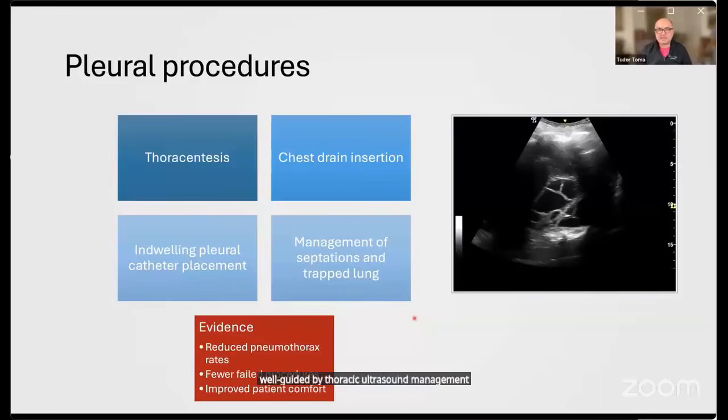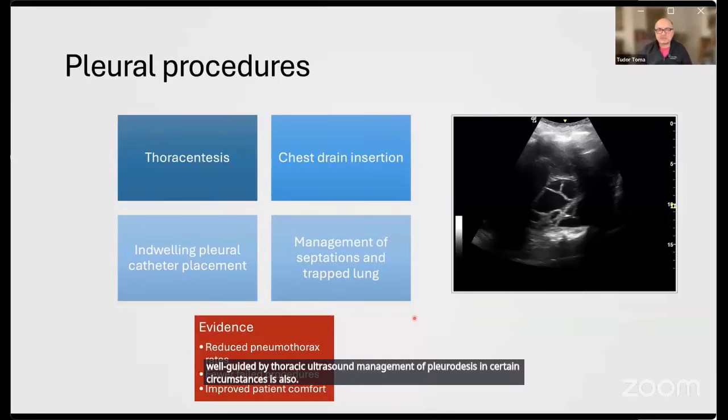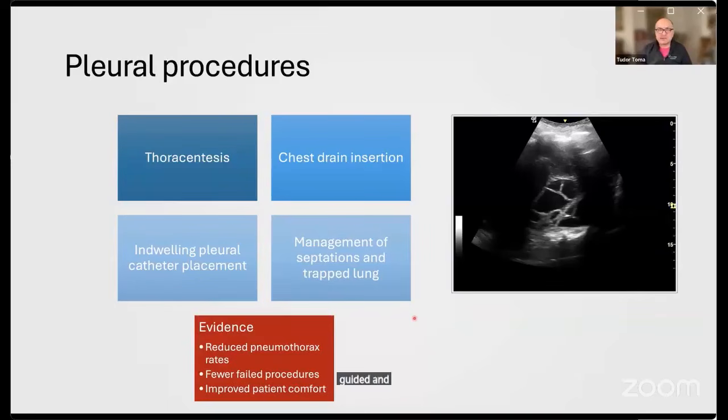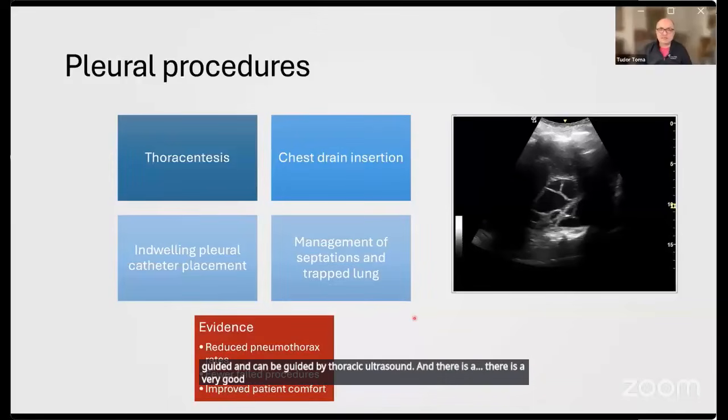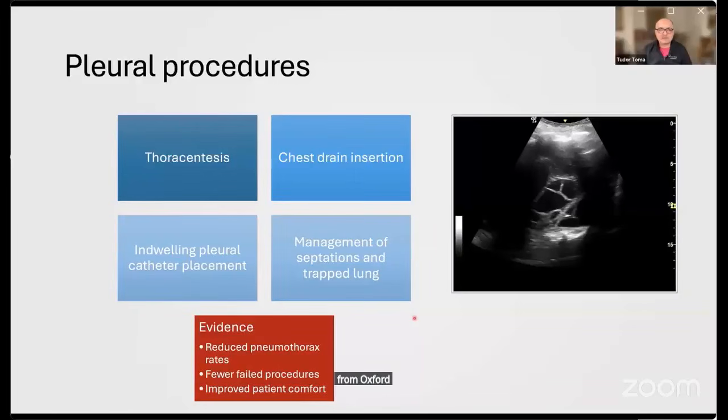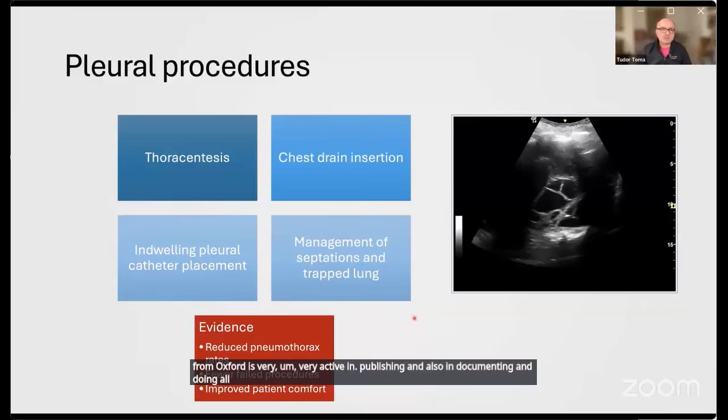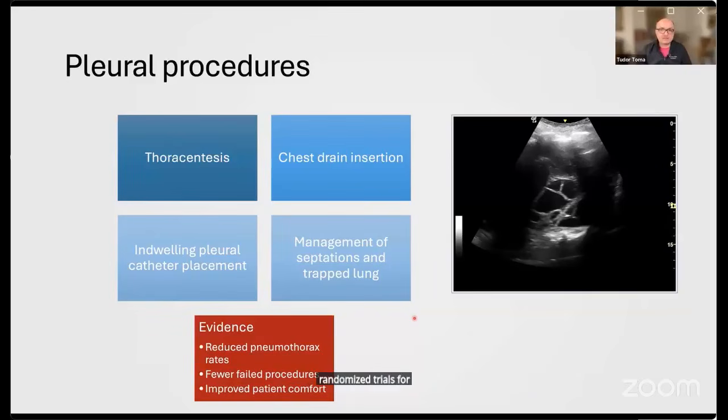Management of pleurodesis in certain circumstances can also be guided by thoracic ultrasound. And there is a very good body of evidence, in particular in the UK, the group from Oxford is very active in publishing and documenting and doing randomized trials for any intervention that you can do in the pleural space.